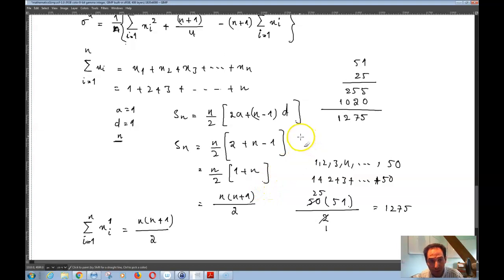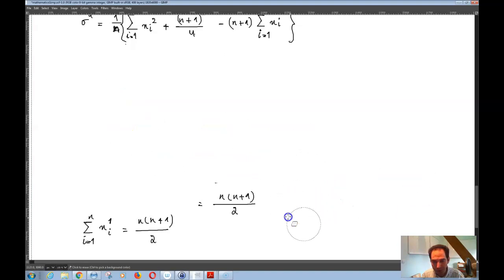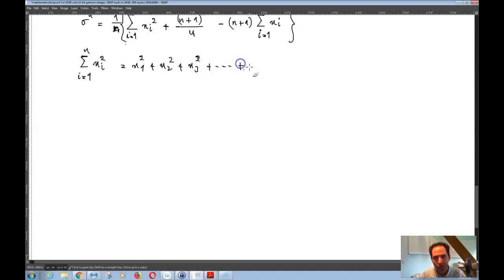Now, if you're dealing with sigma x of i raised to the second power, the way that you calculate it is going to be a little bit different. When you have sigma x of i squared, as i goes from 1 to n, that's the same thing as x of 1 squared plus x of 2 squared plus x of 3 squared plus all the way up to x of n squared.